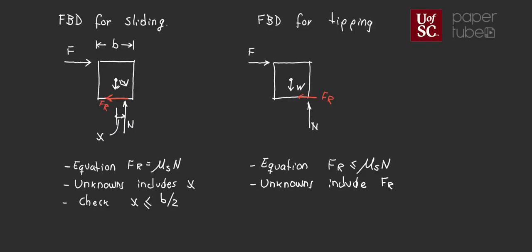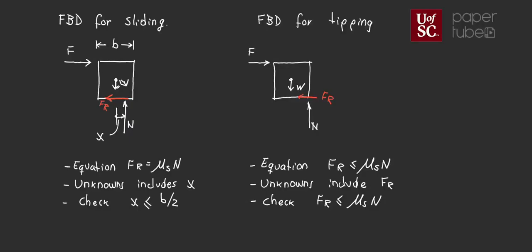We have one more unknown, which is x, but we have also one more equation, which is that Fr equal to mu s times N. On the right-hand side, in the free body diagram for tipping, we're not going to have that additional unknown of x because we know the location of the normal force. And the way to check this is to make sure that friction force is appropriate, right? So that friction force is less than or equal to mu s times N.